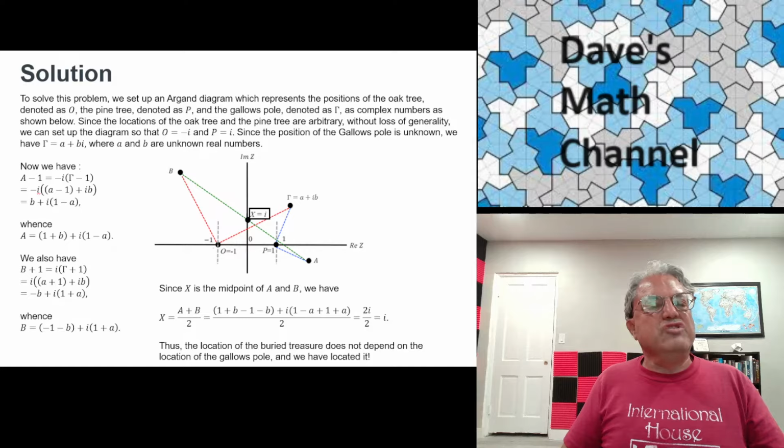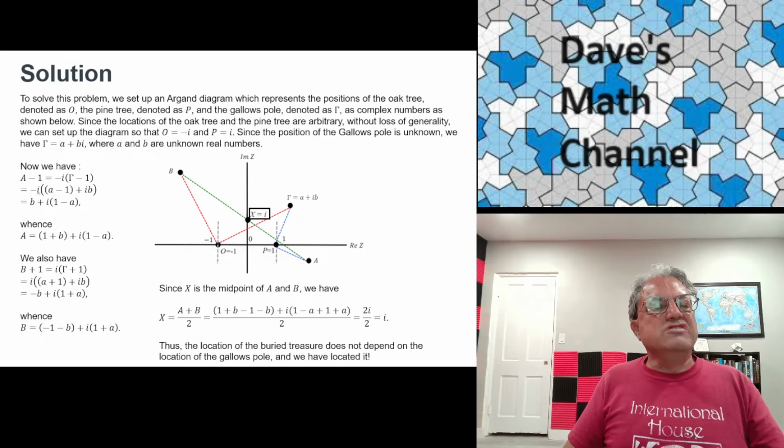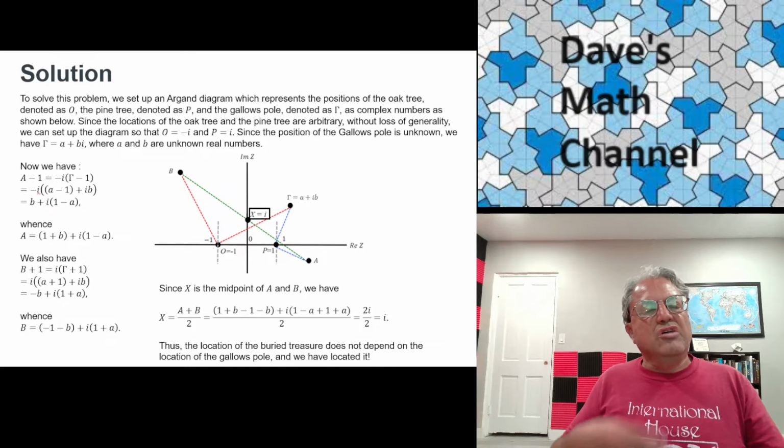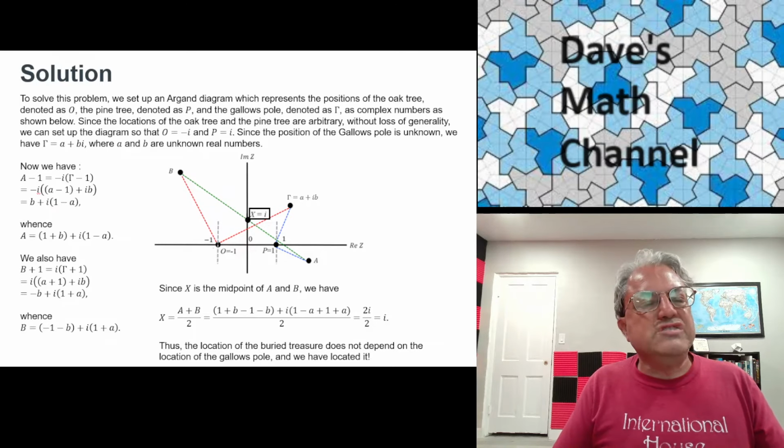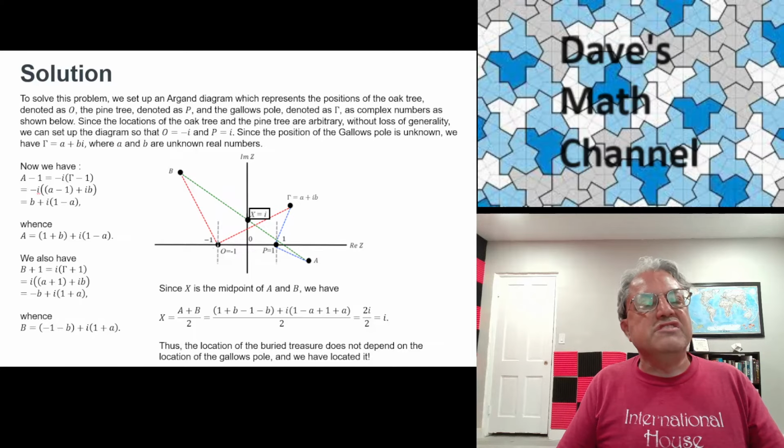And then we do the same thing for the point B, capital B. Notice that now we have the vector B plus 1, because the oak tree is located at minus 1 on the x-axis. So we really have B minus 1, which is the same as B plus 1. By the same reasoning we did before, this time we had to go 90 degrees to the right, which means that B plus 1 is now I times gamma plus 1.